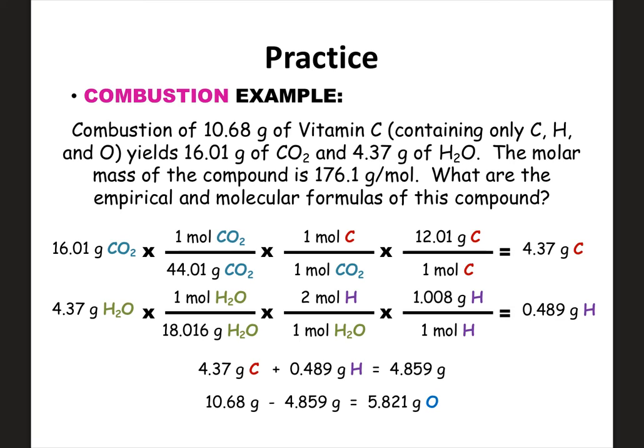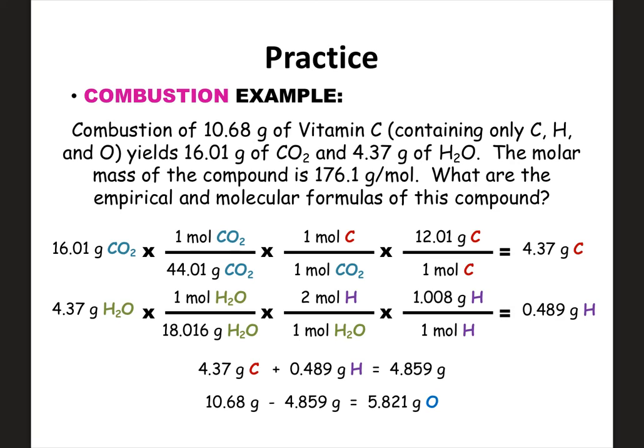And then for these combustion problems, you always do the water next. So they told you how many grams of water you have, and it's basically the same idea here. The only difference is you're trying to figure out how much of the water is just hydrogen. Again, I don't care about the oxygen because it could have come from the air. So same idea. There's that many grams of water, molar mass of water for every 1 mole of water. For every 1 mole of water, though, there's 2 hydrogen.